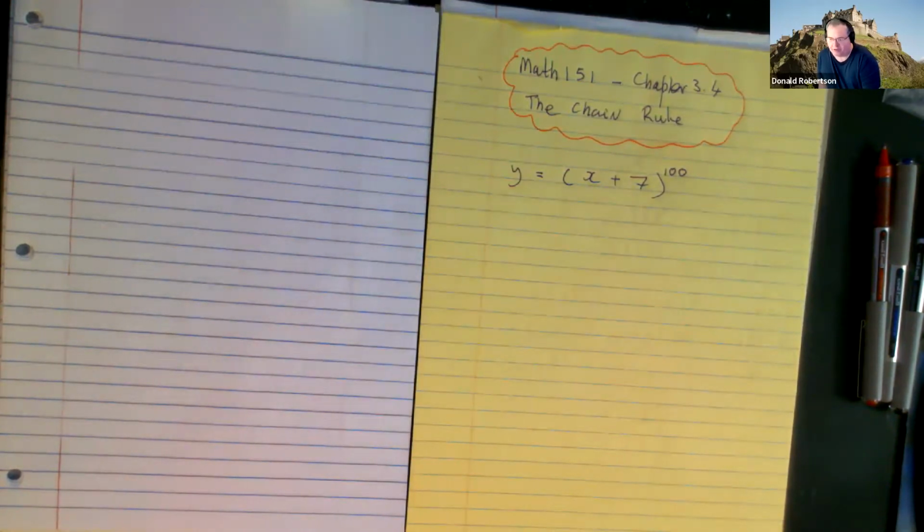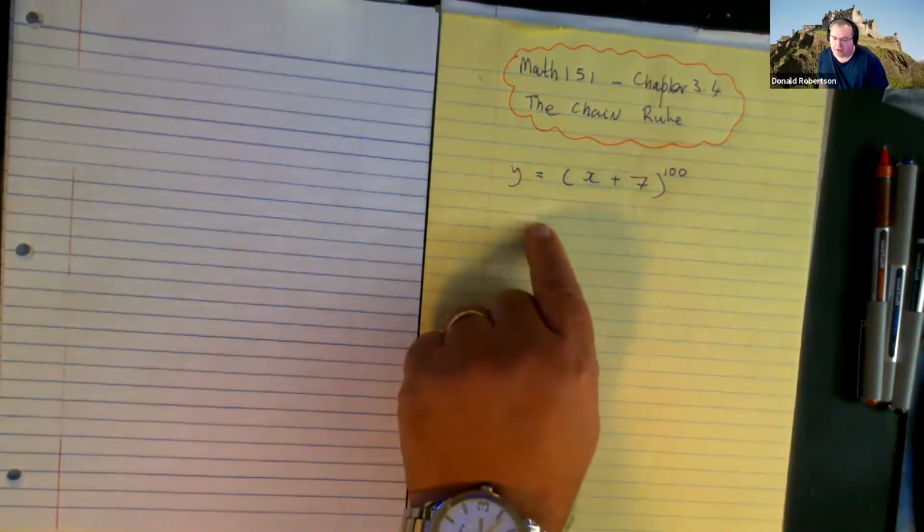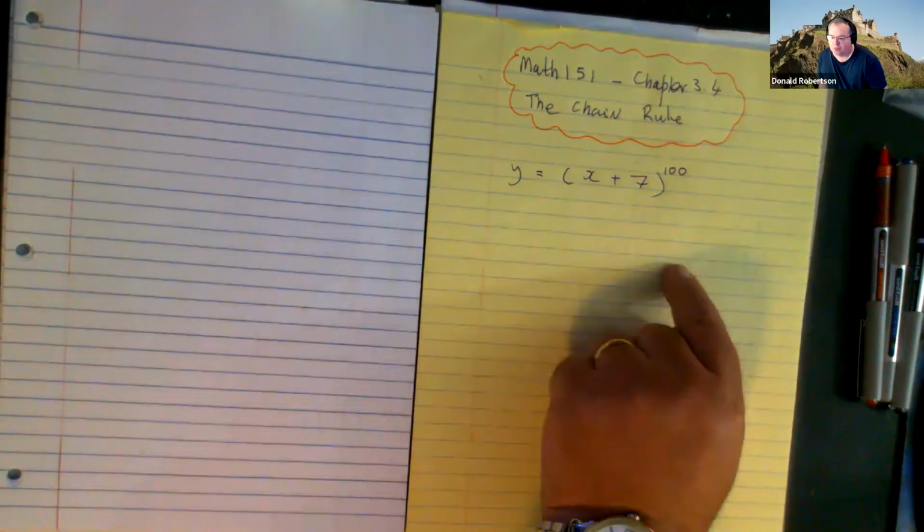That would not work. Well, you could say, I could write it as x plus 7, x plus 7, x plus 7, 100 times and do a product rule, right? We know how to do a product rule with 2, we actually know how to do it with 3, but would you agree doing it with 100 isn't going to cut it?